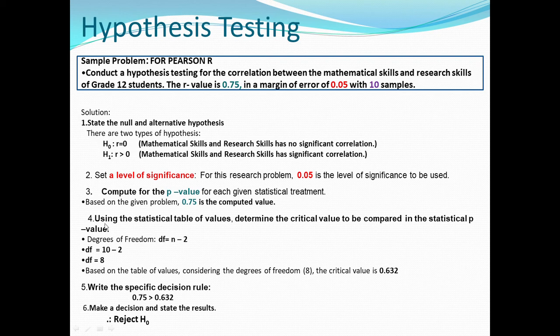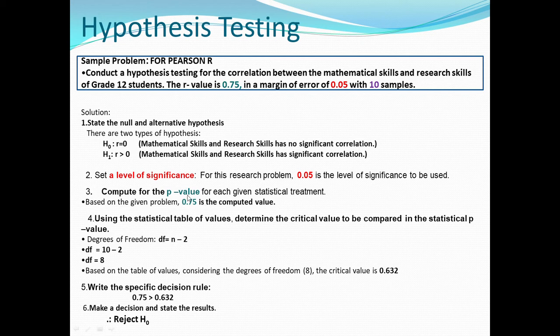Next, fourth step is using statistical table of values, determine the critical value to be compared in statistical p-value. Okay, so yung p-value natin or computed value natin is 0.75. Now, mayroon tayong i-compare sa kanya para malaman natin kung i-reject natin yung null hypothesis or i-accept natin yung null hypothesis.